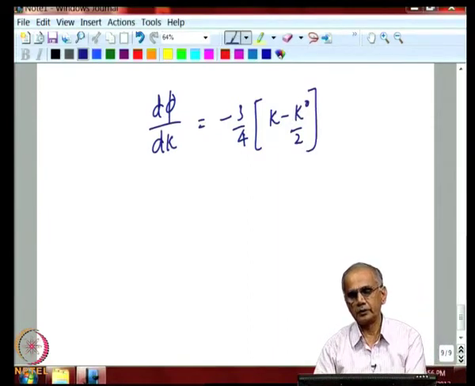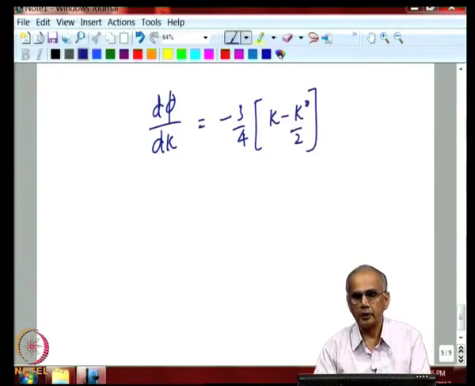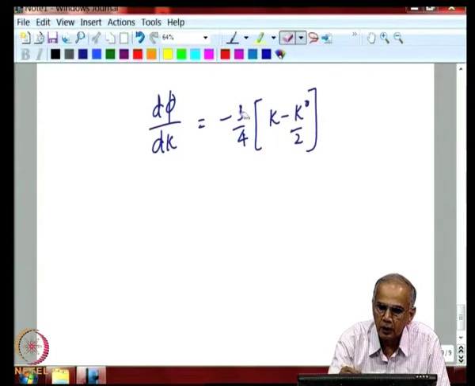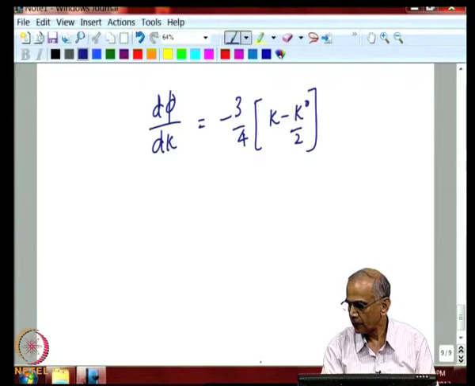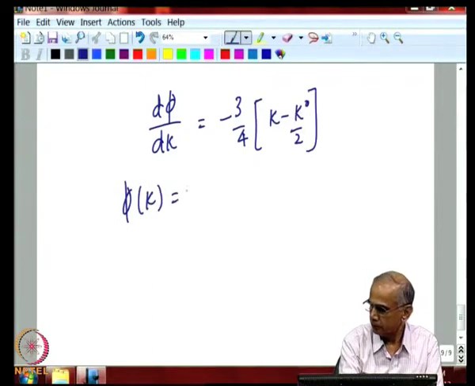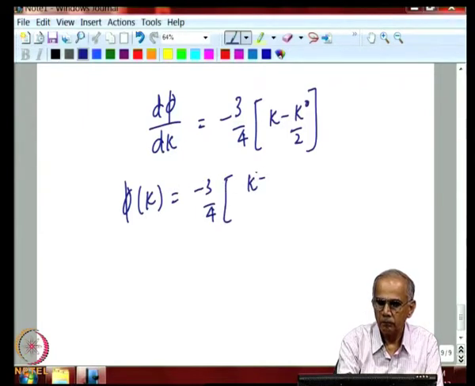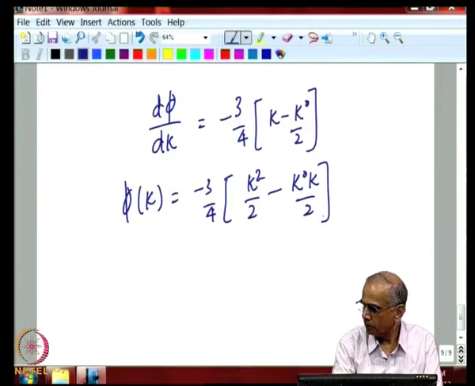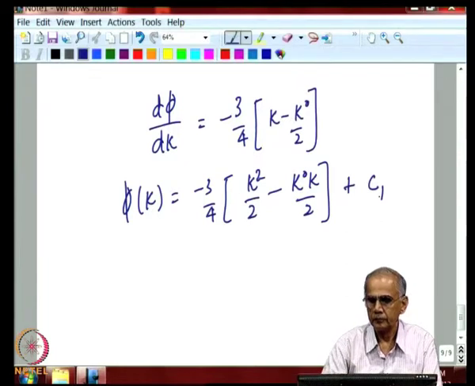So, this simple equation has some similarities to the equation we solved for the radiative equilibrium case. We integrate the equation, we get plus a constant.